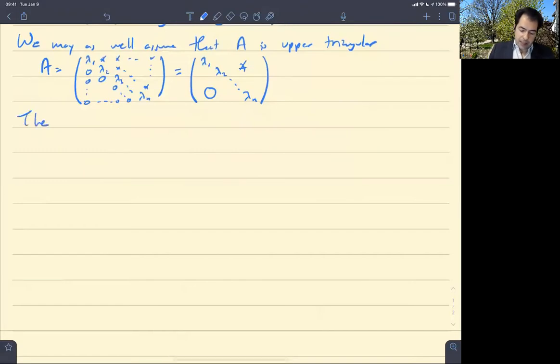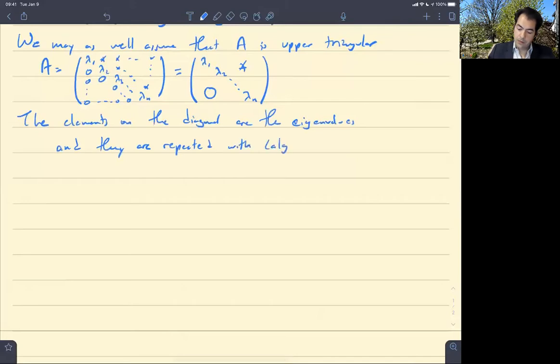So we know that the elements on the diagonal are the eigenvalues, and they are repeated with algebraic multiplicity.